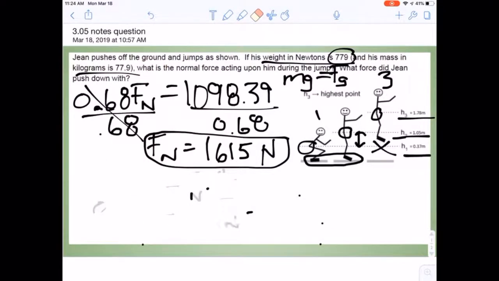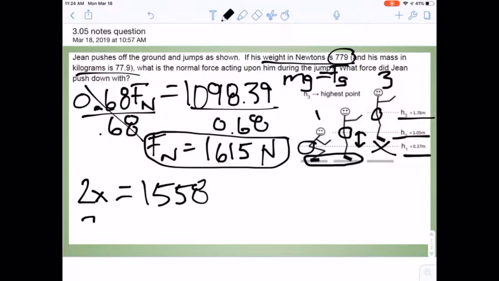And that makes sense. In real life, usually people can push with twice the force of gravity, 2 to 3 times the force of gravity. His force of gravity is 779, so 2 times that is 1558, and 3 times that is 2337.